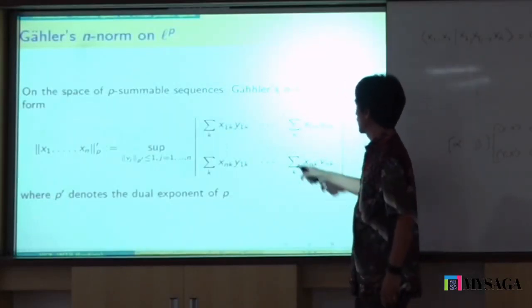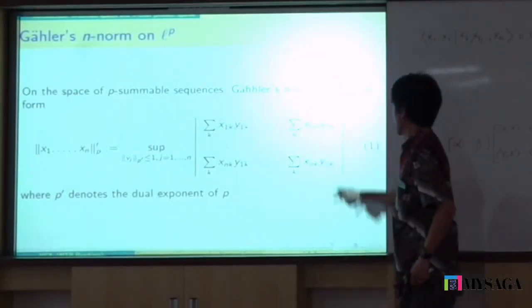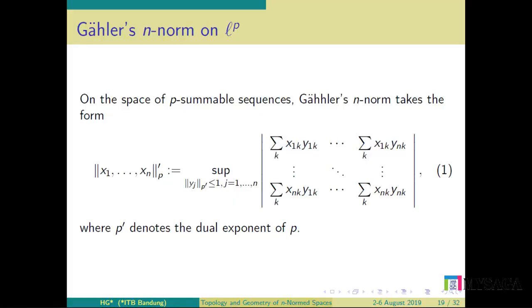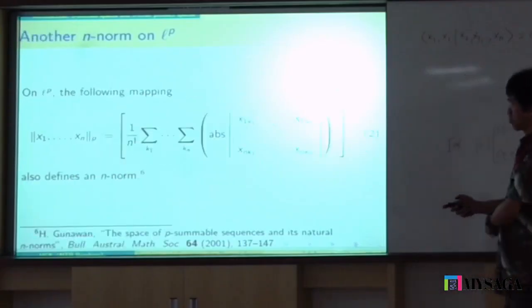F1 computed at x1 is given by this sum and so on. So we have here the sum of the products of x1 and y1 and so on, here x1 and yn, and there we have the product of x1 and y1, and here xn and yn.